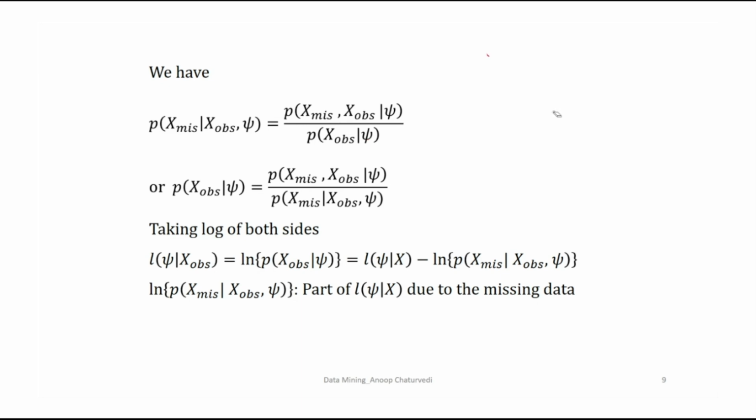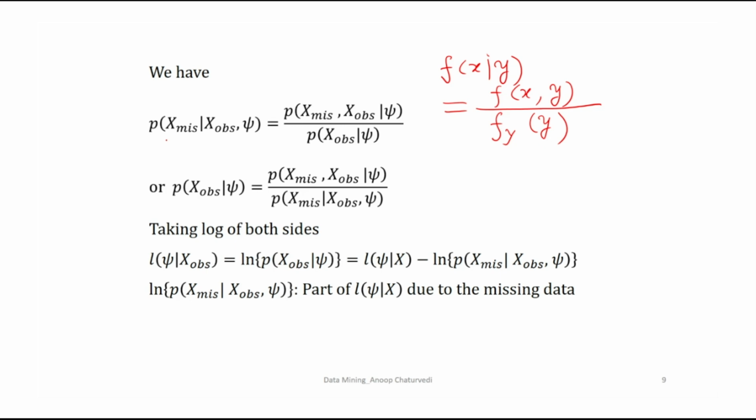It is just like writing the conditional probability density function of x given y as the ratio of the joint probability density function of x, y divided by the marginal probability density function of y.